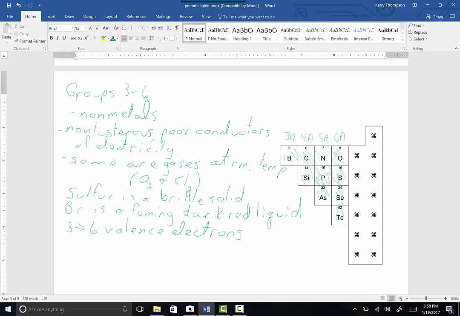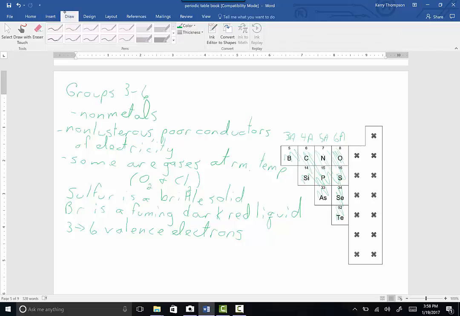At this point, we have gotten to an area where the periodic table gets a little bit complicated and does not follow the pattern that we would like it to follow. So one of the things I would also like you to do at this point, before we go on to the next page, is with a dark pen or a highlighter or something to that effect, make it fairly thick, and it can be whatever color you want, really.